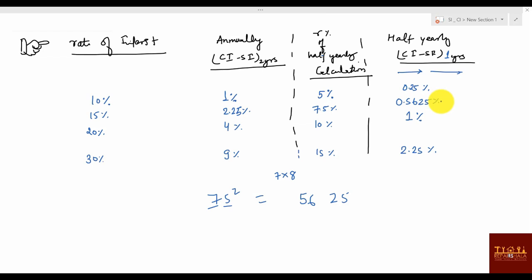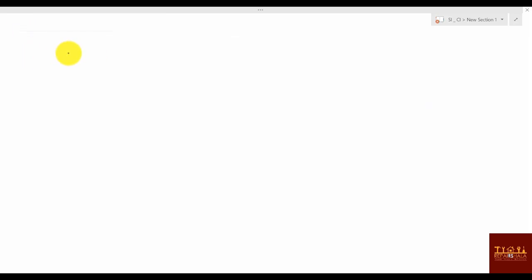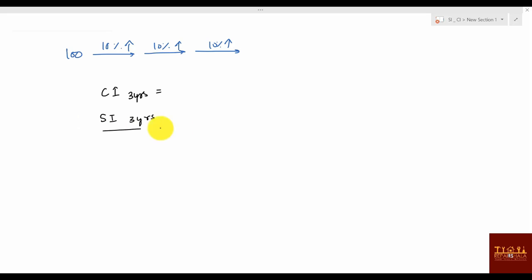Another case I'm going to discuss is this one. Suppose 100 is given, and you have 3 successive increments of 10%, 10%, and 10% each. In this successive percentage, I'm going to ask you CI for 3 years, SI for 3 years, and then CI minus SI for 3 years.